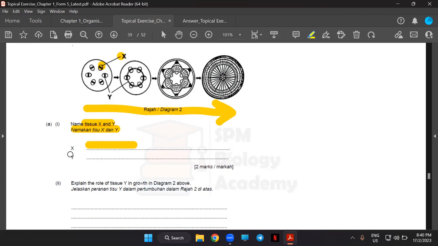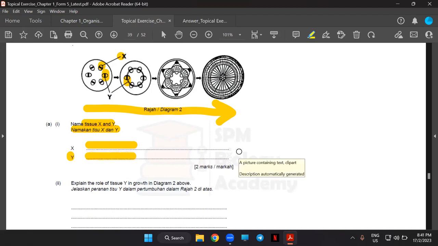Okay. Why? Y ialah yang tengah-tengah ni. So Y ialah, okay, kalau kita lihat di sini vascular cambium. Kalau di Y apa dia? Cambium ring, right? So actually we can write either one, doesn't matter. So katakan saya pilih vascular cambium.